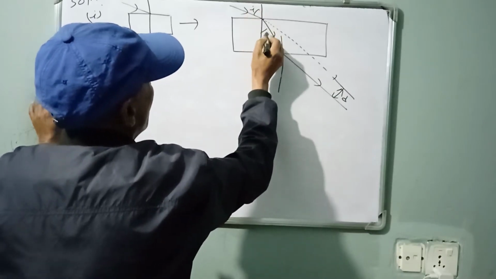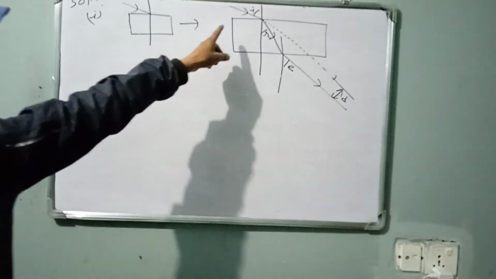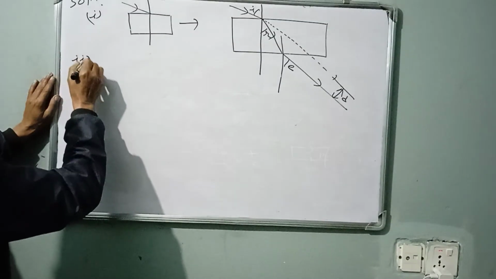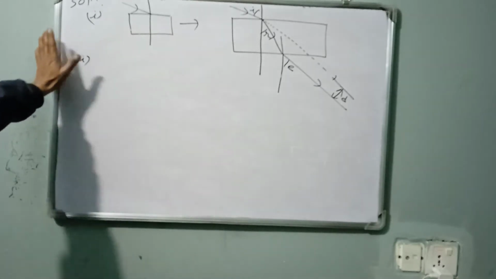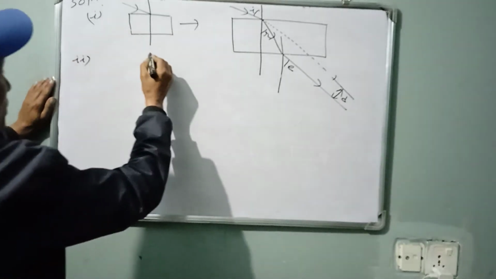Glass slab, refraction of light through a glass slab. Question number 2. What is the question? Incomplete diagram. Concave mirror, convex mirror.